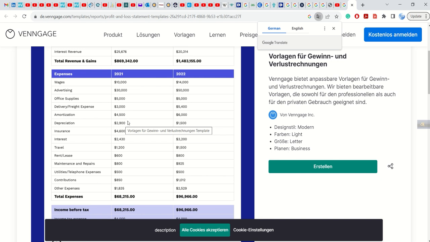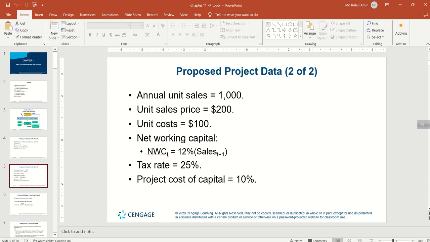Depreciation means actual cash flow did not happen, but we deduct this $2,900 from our revenue to show our net income. So if we want to estimate cash flow, we need to add this amount back, because we deduct it but actually this cash flow did not happen.